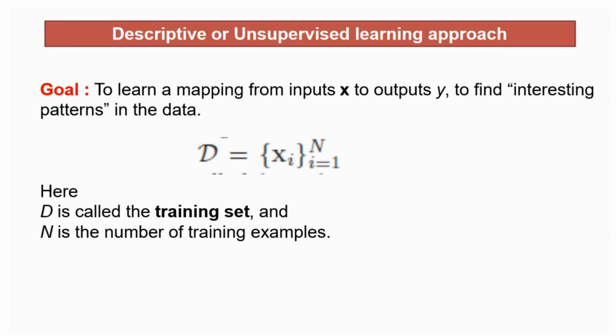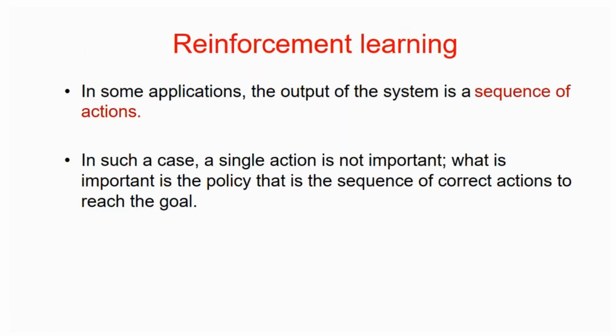So unsupervised learning could be written as a training set D with data only and no labels, where x_i varies from 1 to n, so there is a set D with n training examples. Next is reinforcement learning.